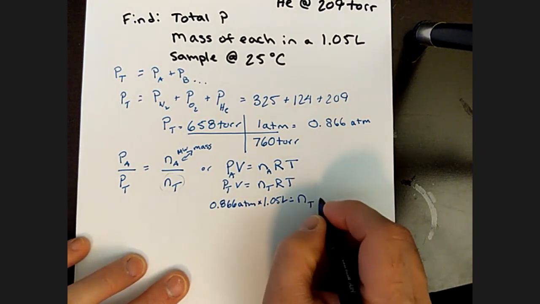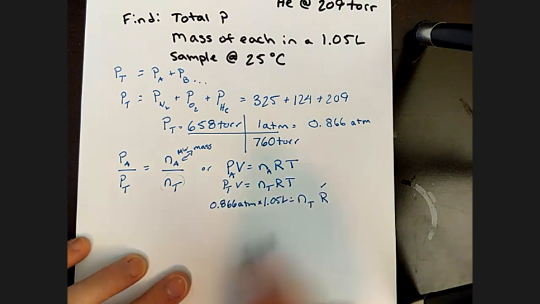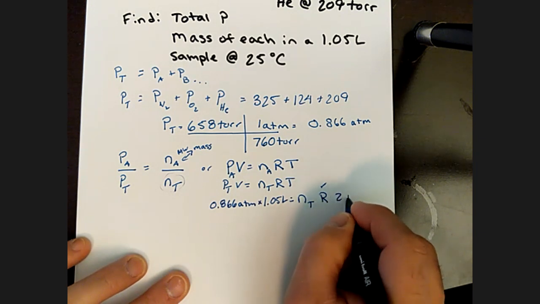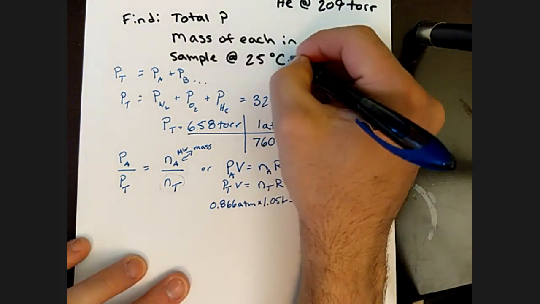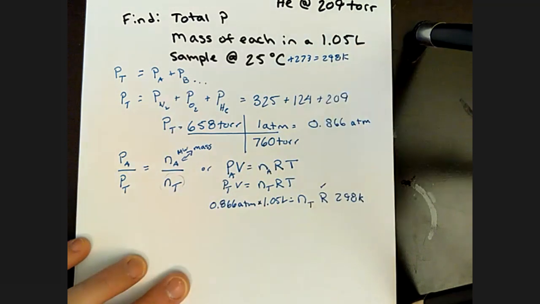R is a gas constant, so I'm just going to write the R value. The temperature here is 298, so this is plus 273, which equals 298 Kelvin.